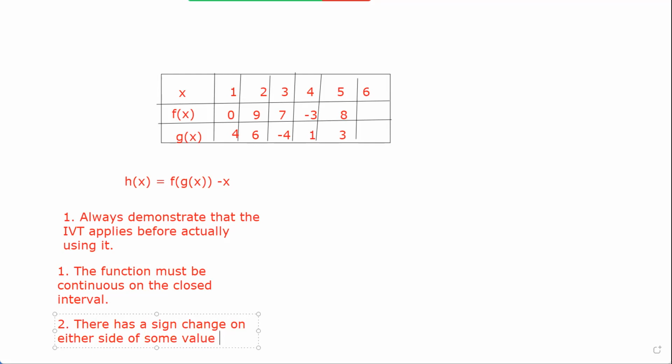Some value, either 0 or 4 or whatever, right? So the difference here, all of that is the same. We haven't done anything different. The difference in this homework is that you're working with compositions of functions. Got it. Okay. So the rules don't change. It's just, how do I show that a composed function is continuous?